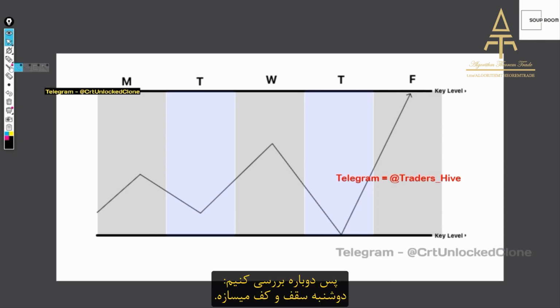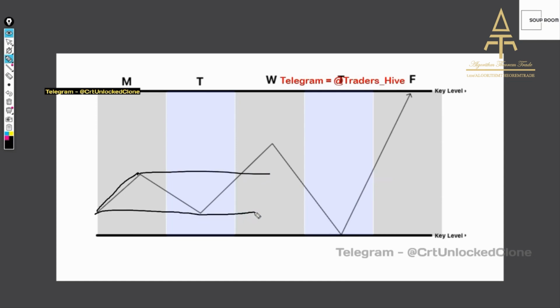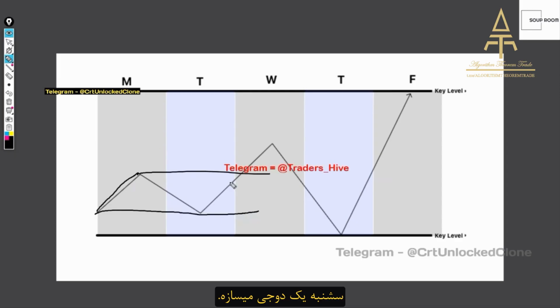So let's just look at this picture a bit more. We can see Monday forming a range high and low. Tuesday forms an inside bar, once again ranging. Wednesday takes out the CRT high of Monday. We have not yet hit a key level on Monday, Tuesday, or Wednesday, but we have taken out a CRT high.